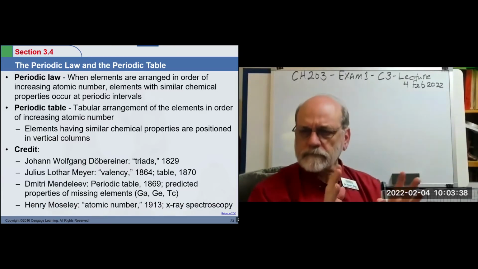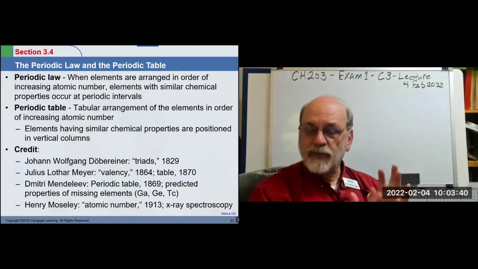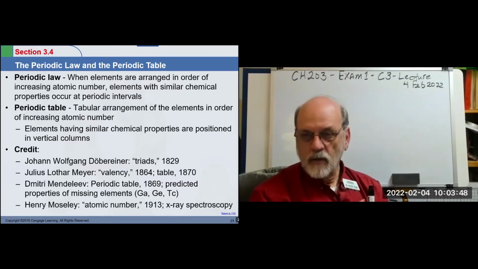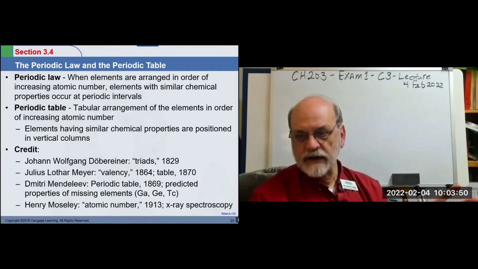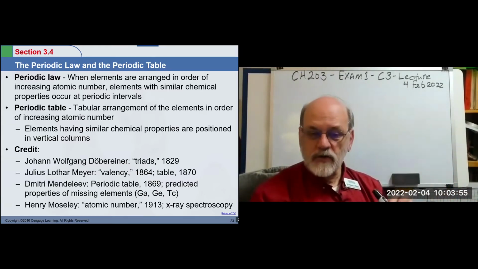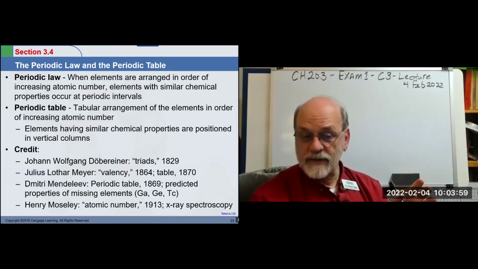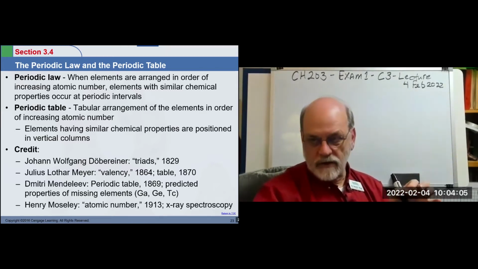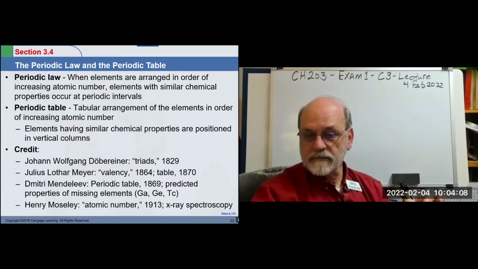Now, at the time that Mendeleev put the periodic table together, all we knew was relative masses of the elements. We had no concept of atomic number at that time. It was up to a young physical chemist, Henry Moseley, an Englishman, who was interested in X-ray spectra of the various elements.